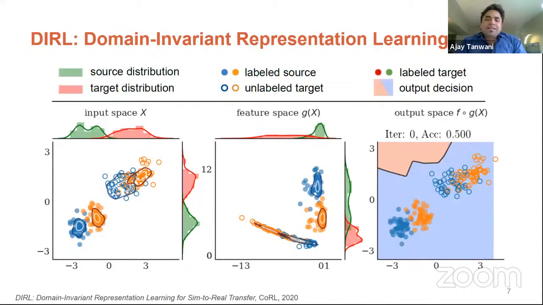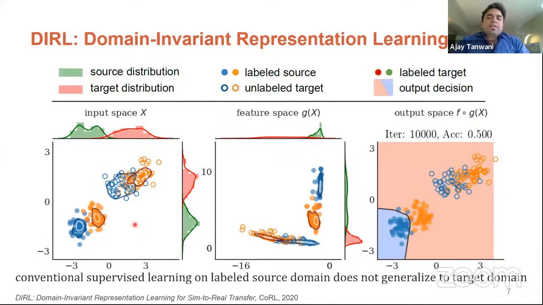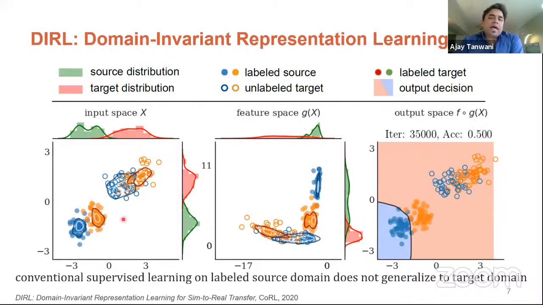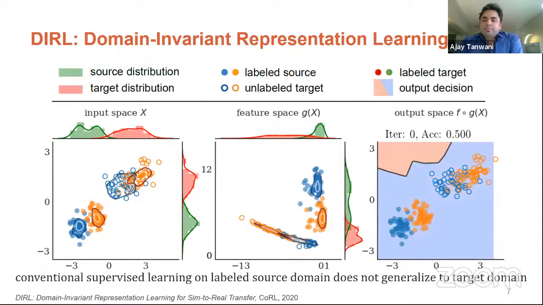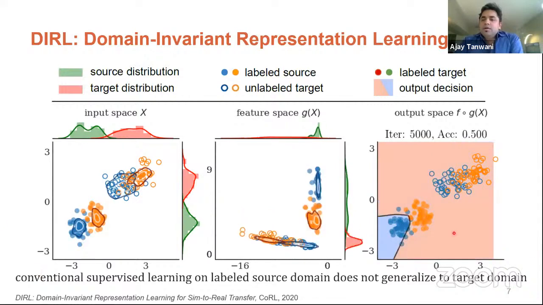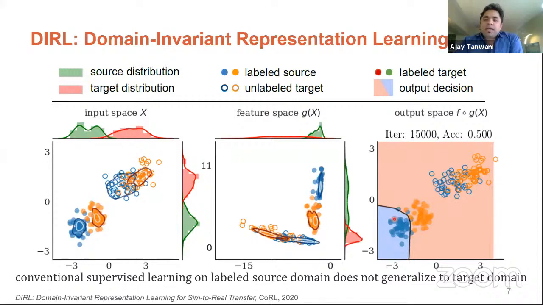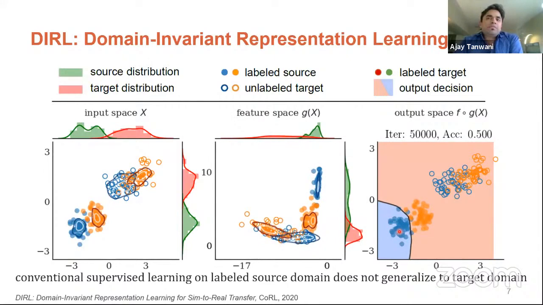To make it concrete, let's consider this two-dimensional synthetic example with two classes shown in orange and blue. Filled circles in this example represent the labeled examples, while the empty circles are unlabeled examples. In the conventional supervised learning scenario, we see that the decision boundary in black on the right plot fits well to the training data, but does not generalize well to the target data drawn from a different distribution.